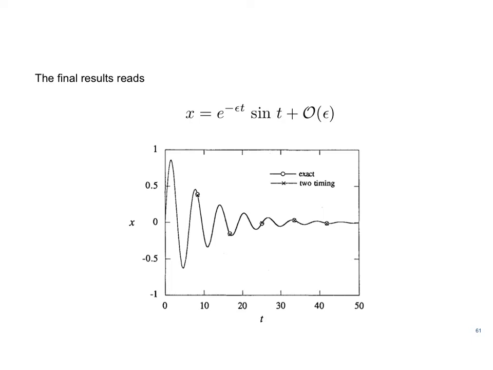Now we have something that matches very well the exact solution, and we can see that the role of the slow time is just to somehow impose this exponential decay in this envelope, as you see here, governed by this. And the fast time is just the one giving the oscillatory behavior of the solution.